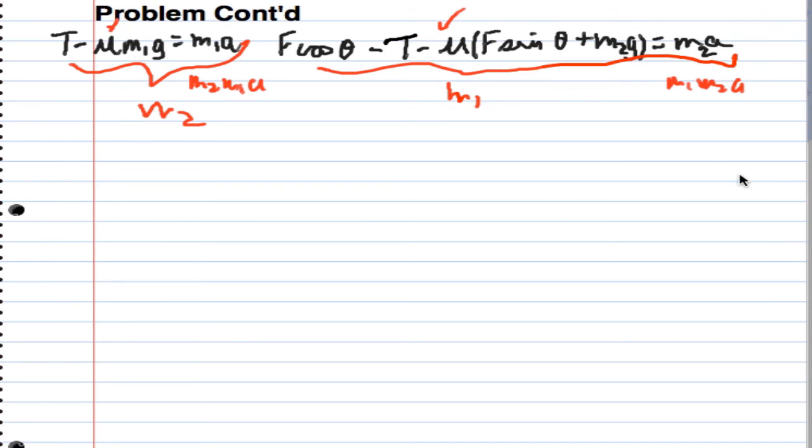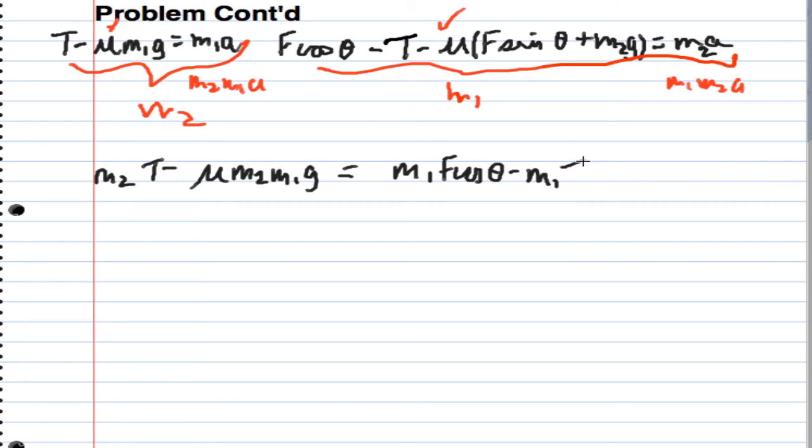When I do that, that's going to give me m2t minus mu m2 m1g equals m1f cos theta minus m1t minus mu m1f sine theta minus mu m1 m2g.